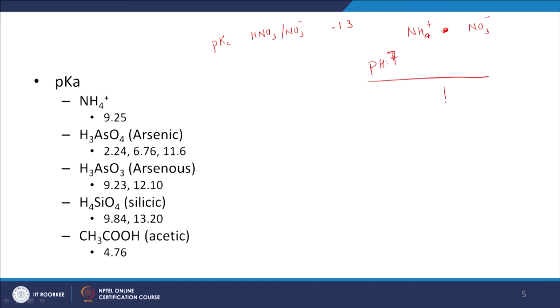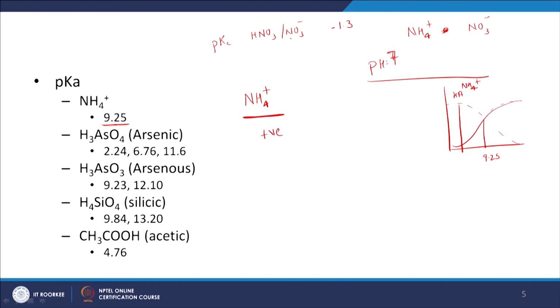And then we looked at our speciation graphs for both the cases. One is for ammonium, with pKa 9.25, and we see that at pH 7 most of it stays as HA, or NH4 plus. NH4 plus has a positive charge.